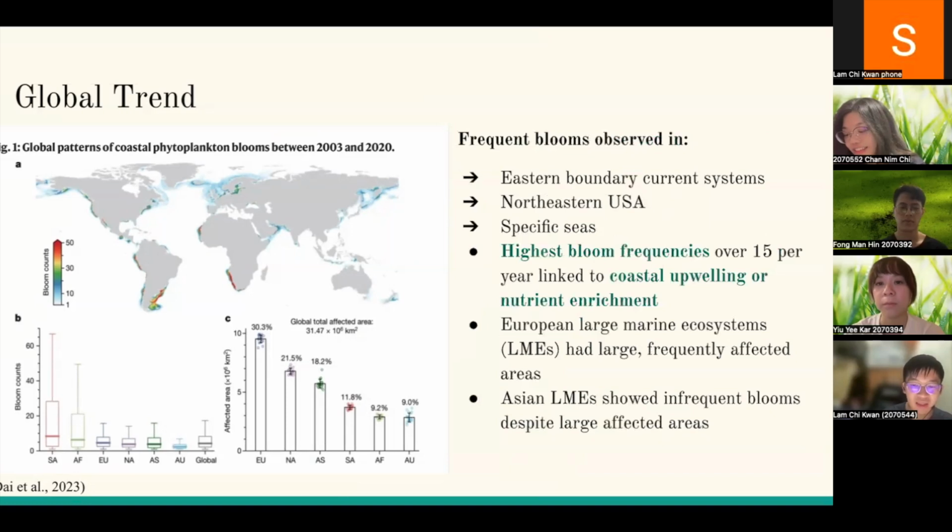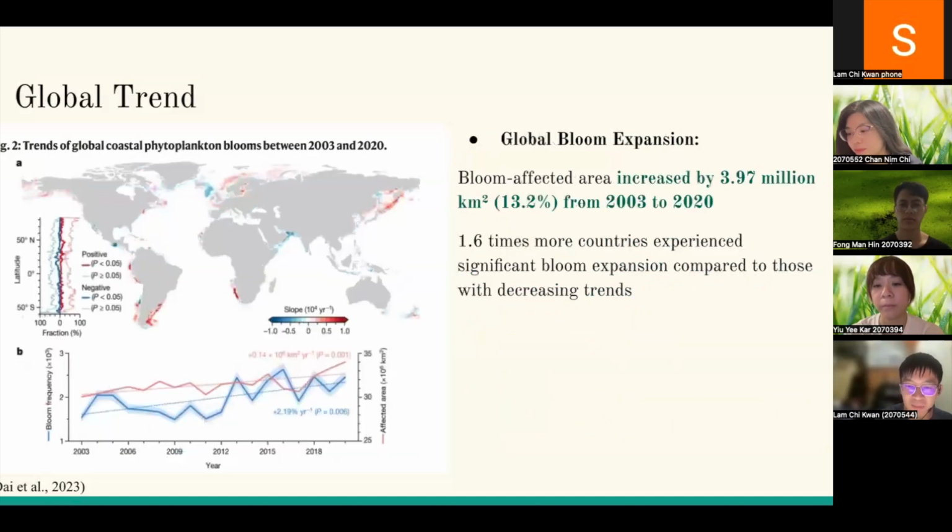Also, you can see some findings here. The highest bloom frequency, over 50% per year, is linked to coastal upwelling or nutrient enrichment. And compared to the Asian countries, European large marine ecosystems have large, frequently affected areas. Then there are some global bloom explanations.